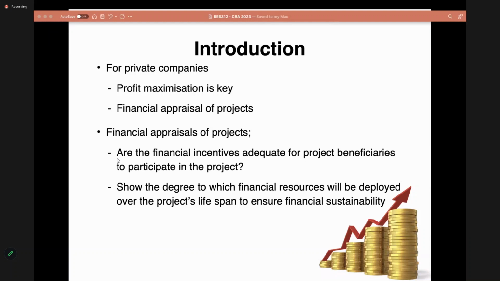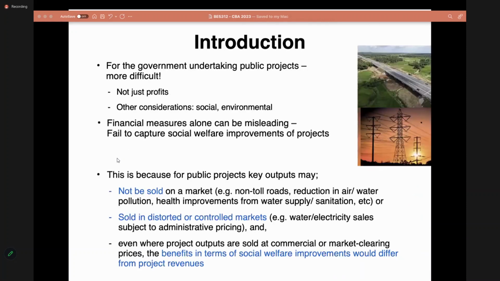So basically, when you're doing a financial appraisal of a project, you're checking to see whether you get some return by investing in this project. Is there some kind of an incentive for a person to invest in that particular project? Now, the issue comes when we are talking about public projects.